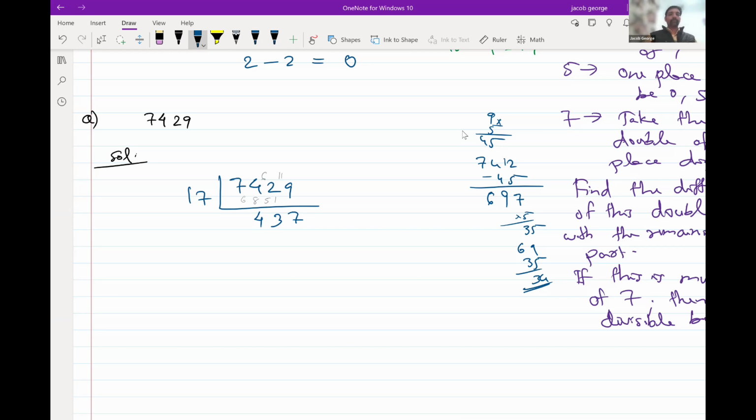Sir, is there a method to find out if a number is prime or not? That one factorization only. There is no other technique. Okay. But divisibility we can. Divisibility, different rules, it's there. You better remember.